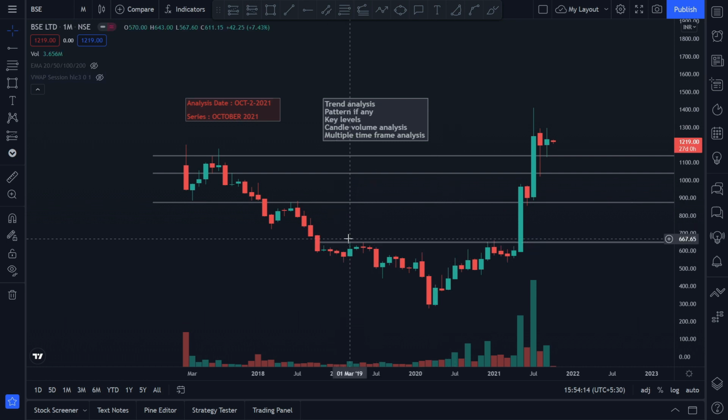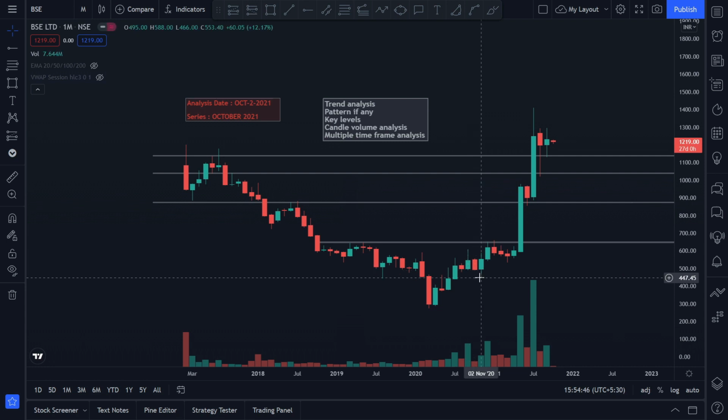This resistance zone has been tested multiple times here and multiple times here. The stock has been trading in this zone from November 2018 until April 2021, which is 3 to 4 years of consolidation, and finally it broke out with very huge volume. If you see the candle, it is very wide in range, and the volumes have also picked up, a very good volume. If you compare the other candles with the breakout candle, see the returns: this one gave 9% and the volume is 16 million.